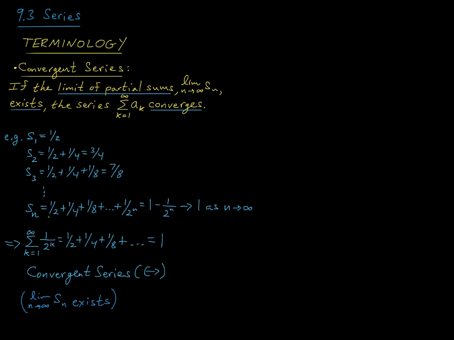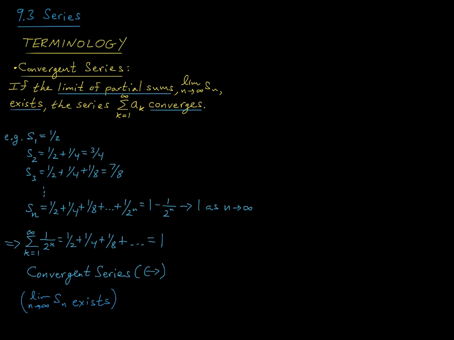It's really the only example we've seen so far. Since the limit of these partial sums exists, this corresponding series converges. I'm going to write this little C with an arrow as a shorthand notation to say that this series is convergent. And in this particular case, the sum is 1.